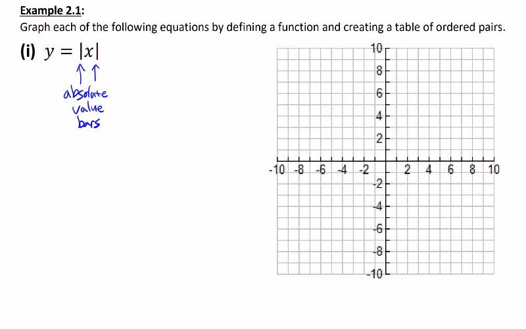line. So there is another way to define this using the piecewise notation. So we can define this as x if the number that you're working with is greater than or equal to 0.